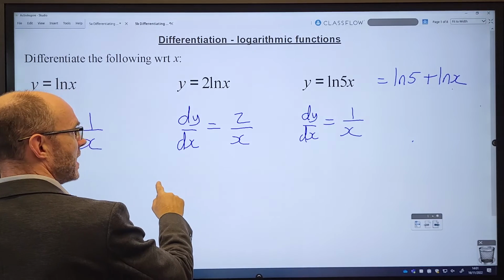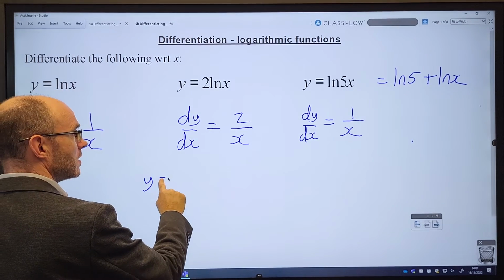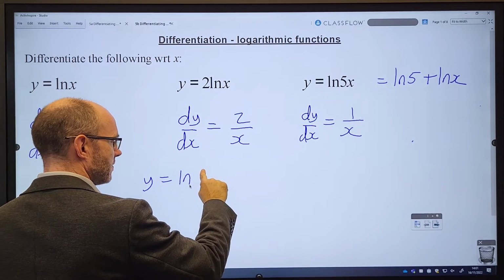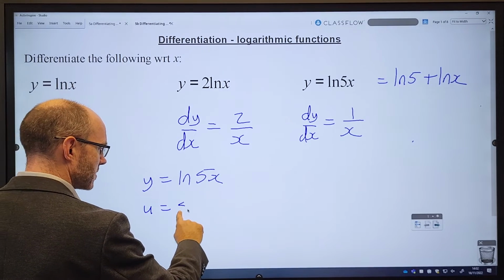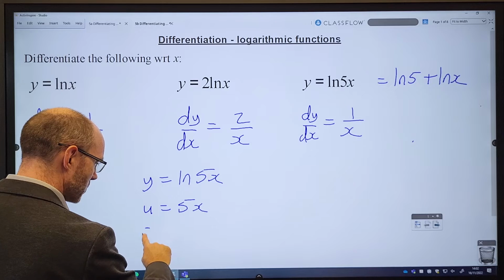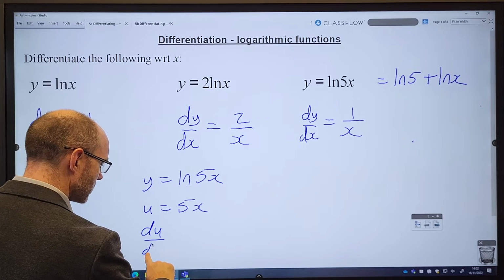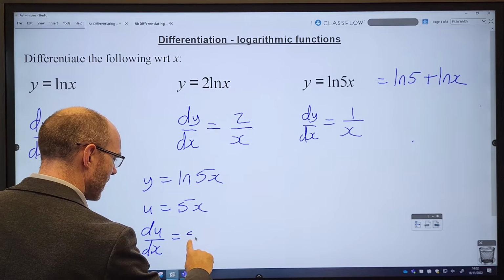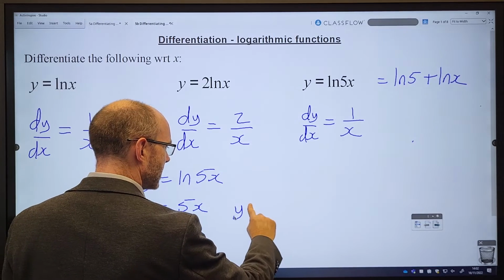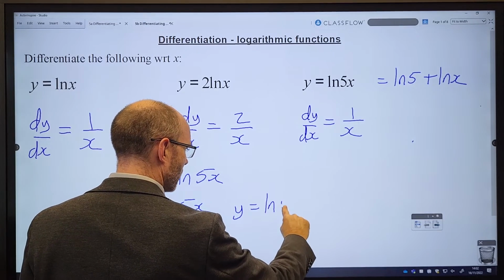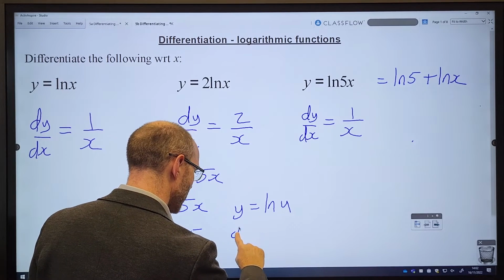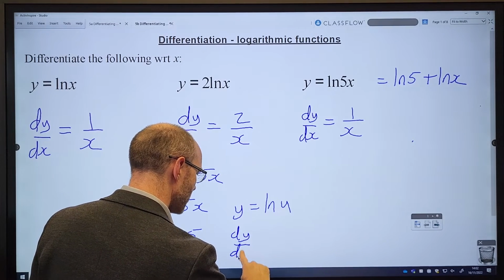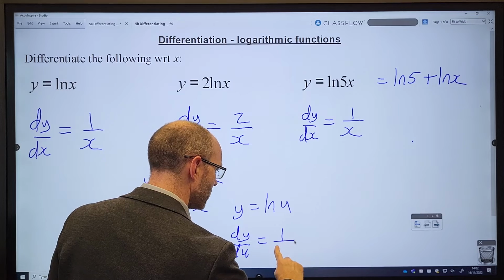If we had y equals natural log of 5x, then we could say u is equal to 5x, and of course du dx is equal to just 5. That would mean that y is equal to natural log of u, and dy du is then 1 over u.